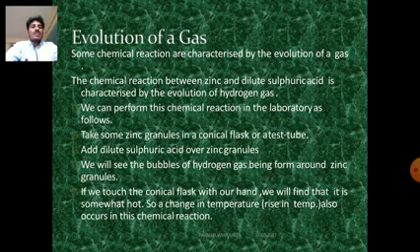Add dilute sulfuric acid over the zinc granules. We will see bubbles of hydrogen gas begin to form around the zinc granules. If we touch the conical flask with our hand, we find that it is somewhat hot. So a change in temperature, a rise in temperature, also occurs in this chemical reaction.